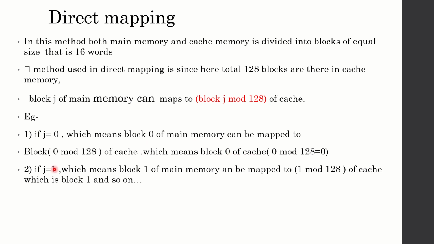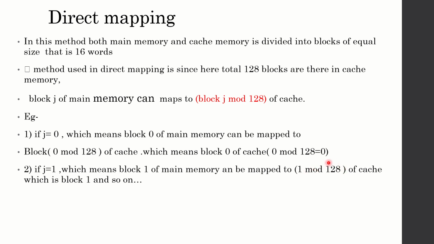So for a second example, we can take J is equal to 1. That is, suppose that we are taking the second block of main memory, that is block 1 of main memory. Here the J value will be 1. So where will we place the corresponding main memory block? To find out the result, we write this equation: 1 modulo 128. Here 1 means the main memory block number, and 128 means the total number of blocks in cache memory.